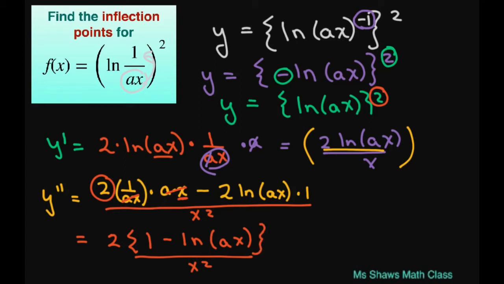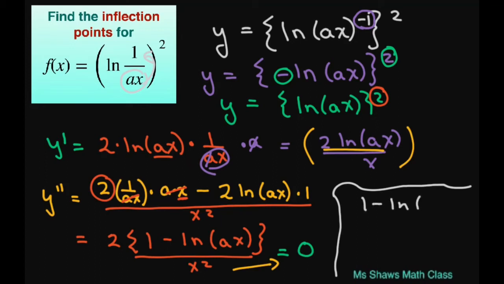Now, we want to see what happens when we set this to 0 to find the inflection points. So when you cross multiply, the x squared goes away. If I divide both sides by 2, that's just going to give me 1 minus ln of ax equals 0.